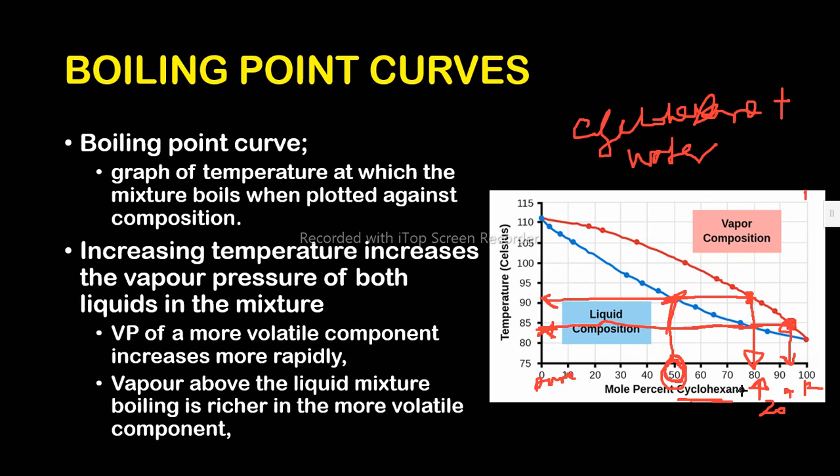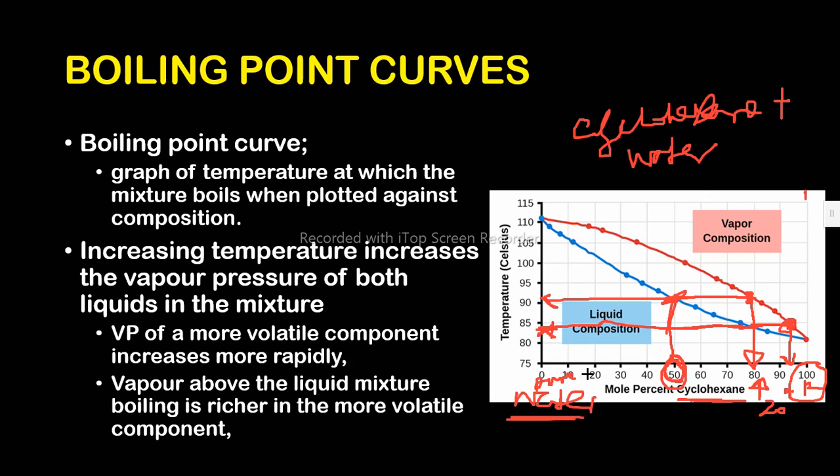So the amount of cyclohexane is going to increase in the liquid mixture. I hope you can observe that. Such that with continuous distillation, we shall produce a distillate that is purely cyclohexane and a residue that is purely water.